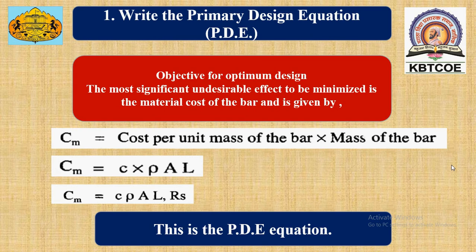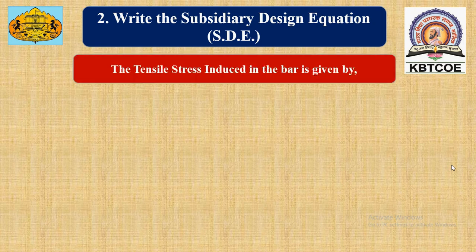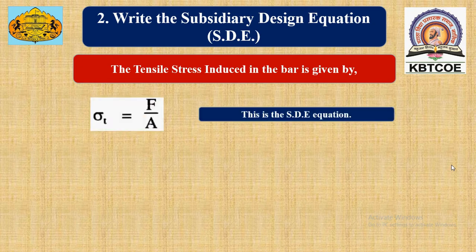Okay, now next step we have to write down the subsidiary design equation, SDE. The tensile stress induced in the bar is given by the relation sigma T equal to F upon A, and this equation is called the subsidiary design equation.